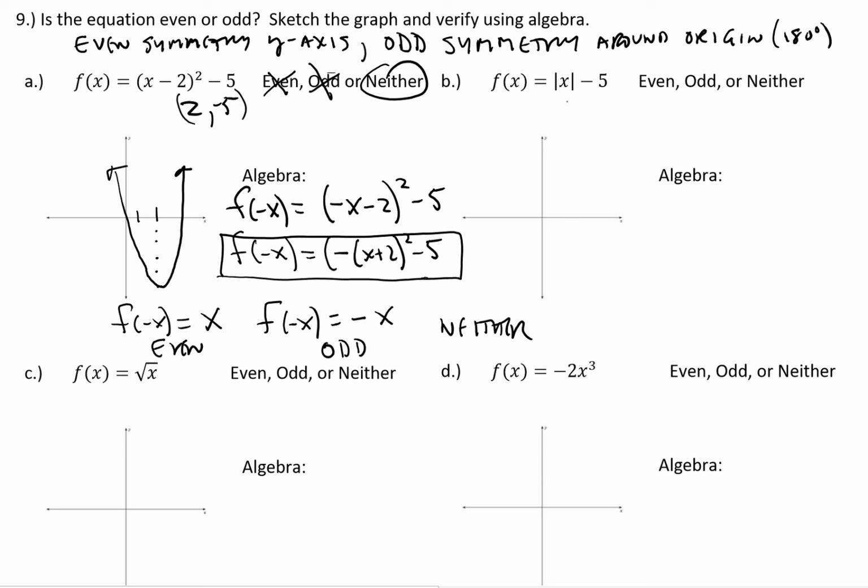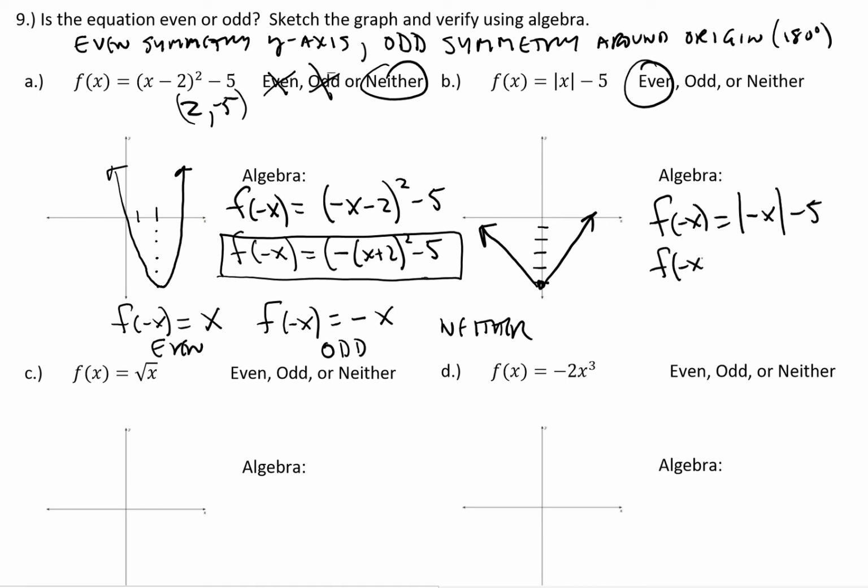Okay, now on this one, this is the absolute value and it says -5. So it's going to be 1, 2, 3, 4, 5, and I'm going to get a graph that does this. And this is symmetrical around the y-axis, so it's even. And then to show the algebra, we do f of -x equals the absolute value of -x minus 5.